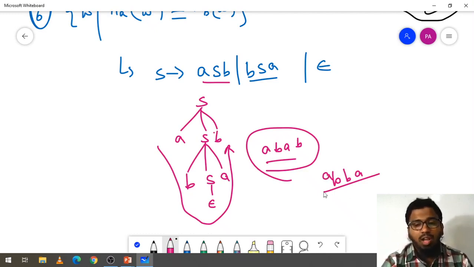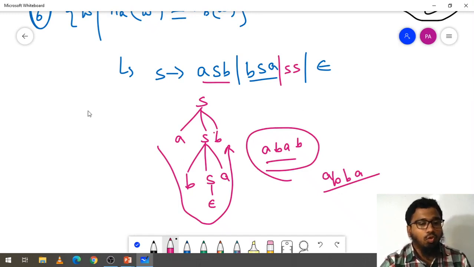So if you want this ABBA, we will not get it. For that reason we must add the concatenation, that is SS. If you do S and S, what will we get?